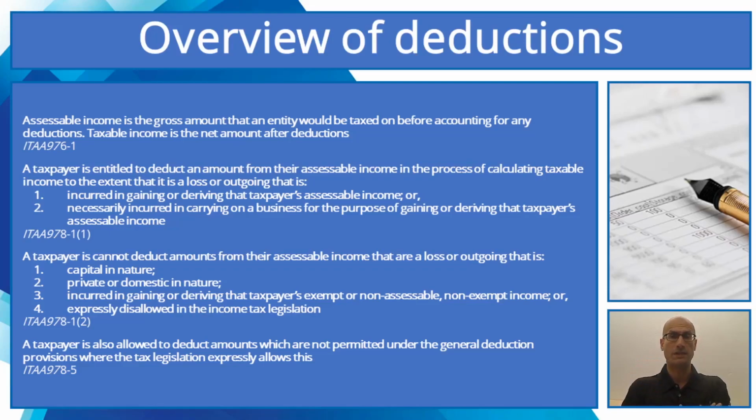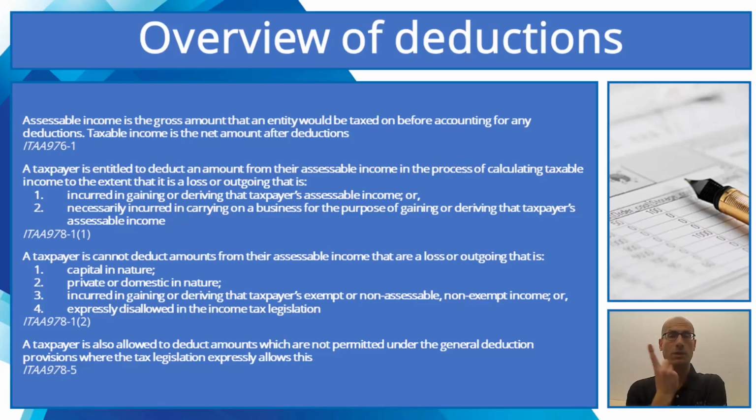That's what's known as the second limb. Now, you need to prove one of those, and they are necessary but not sufficient, because if any of what we call the negative limbs, any of these 4 points are satisfied, then the taxpayer cannot claim that particular amount.